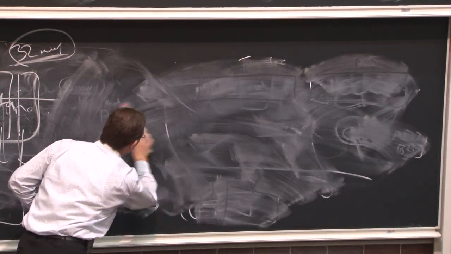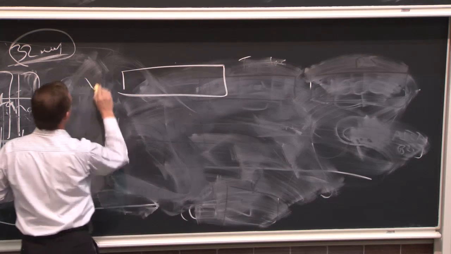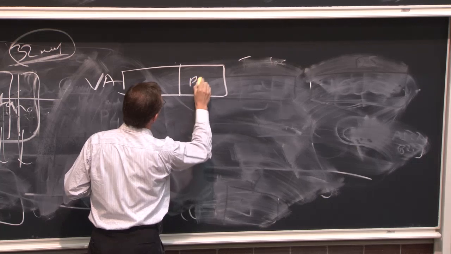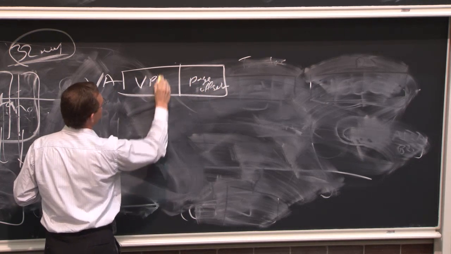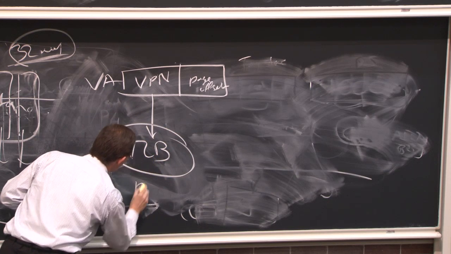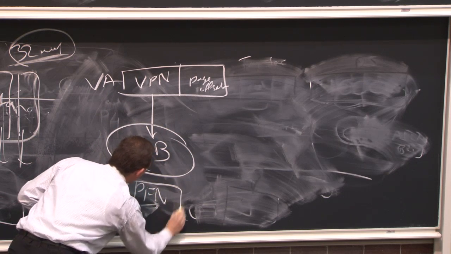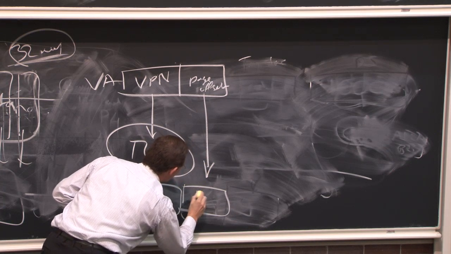I guess in the meantime, you can look at the picture too. This is your virtual address. You have your page offset and virtual page number. You go through the TLB to translate it to a physical frame number. And the page offset goes unmodified, as you remember.